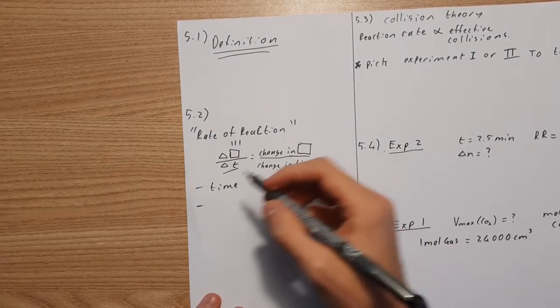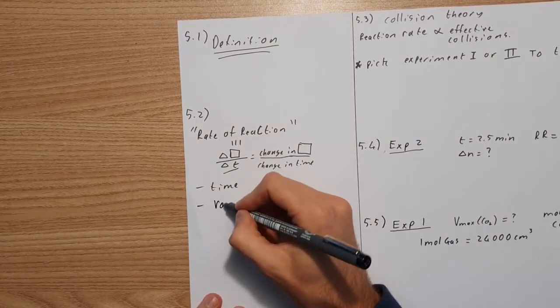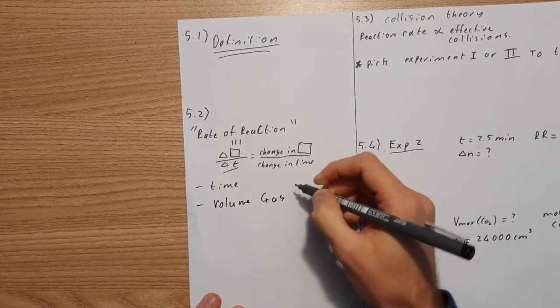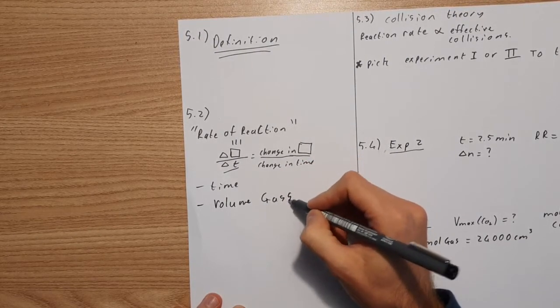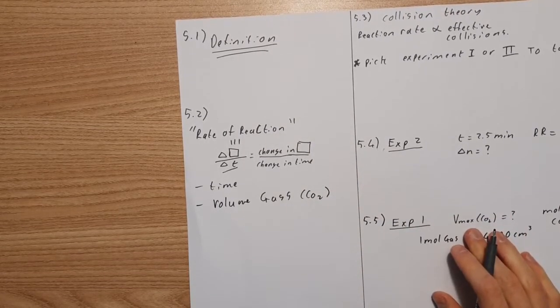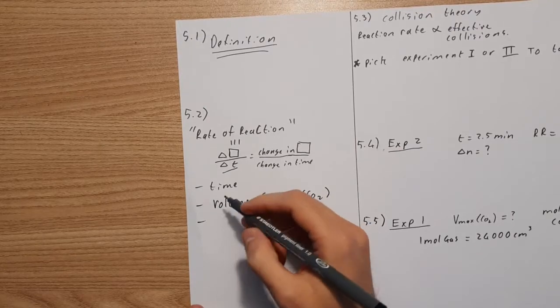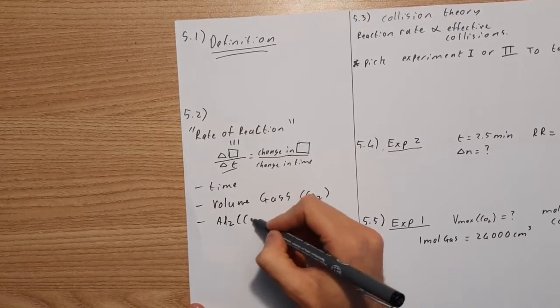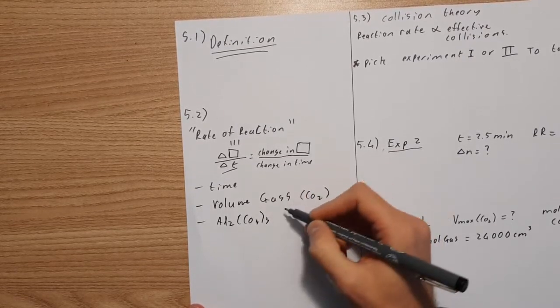We can use the volume of the gas, and that will be CO2 gas. Or we can use how long it takes for Al2CO3 to be used up.